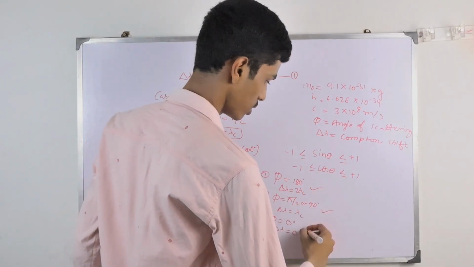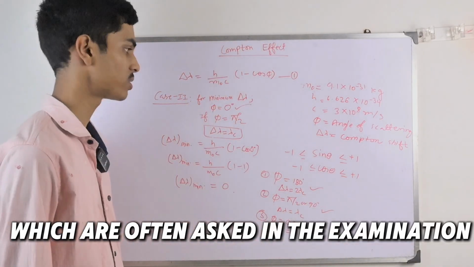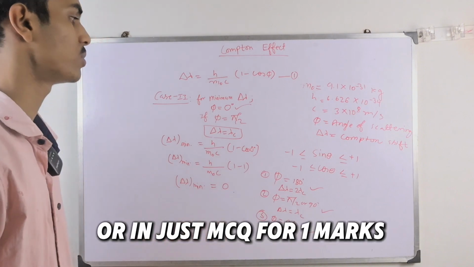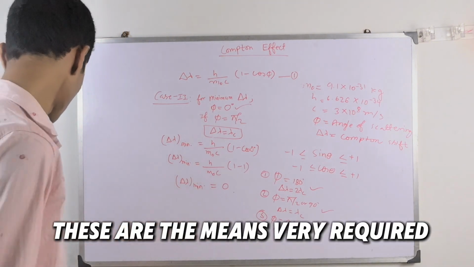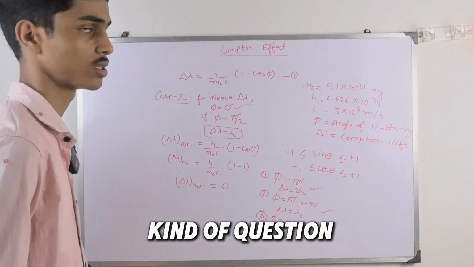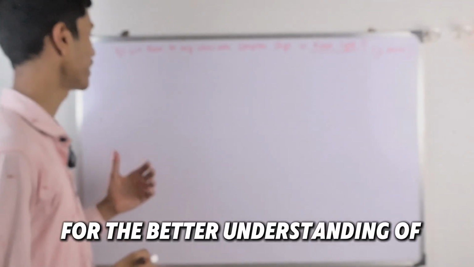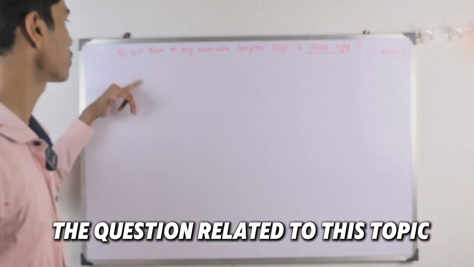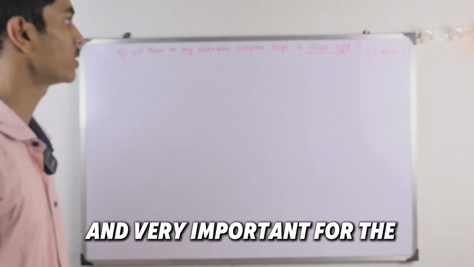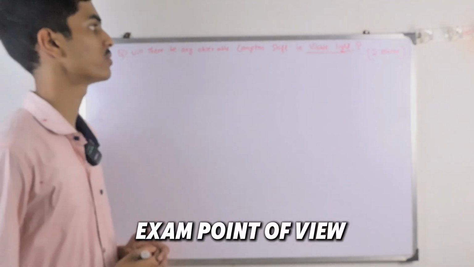These are the three conditions often asked in the examination to derive, or in MCQs for 1 mark. These are very required kinds of questions. So for a better understanding of this topic, questions related to it are very vital and important from the exam point of view.